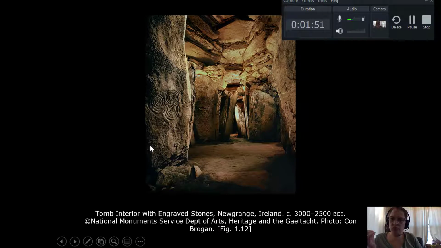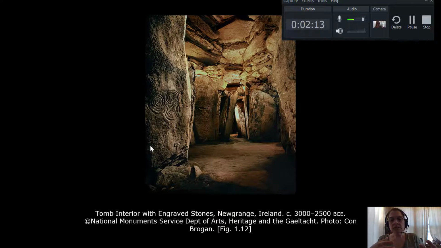The people that created this had no written language, so we really don't know what this symbolized, but we do have spirals like this all over the area of what would be today Ireland and England.